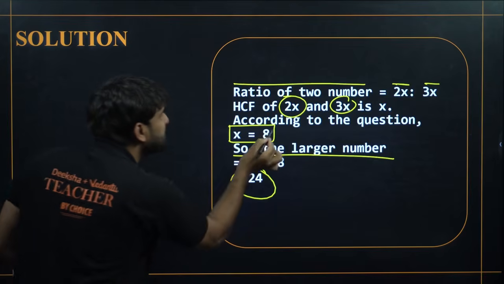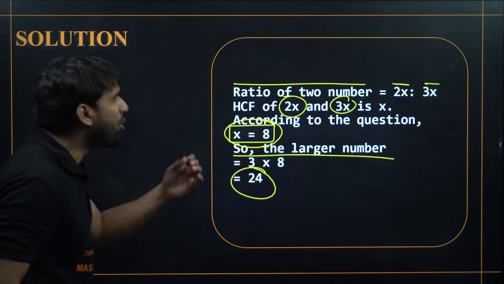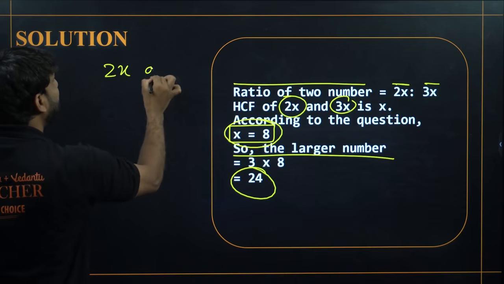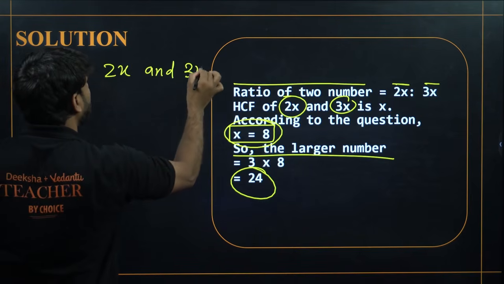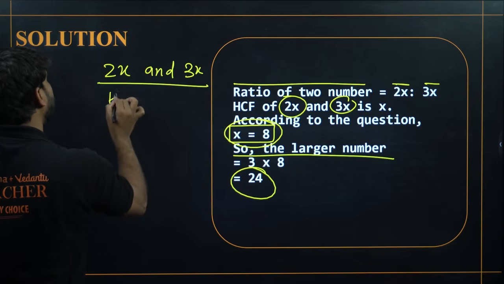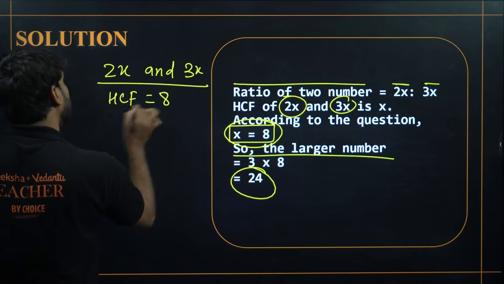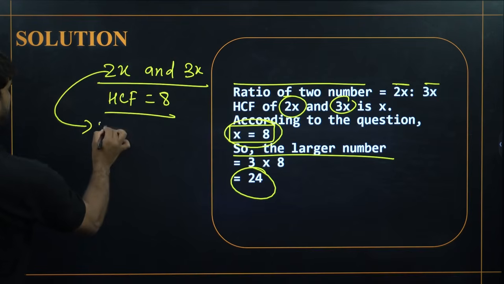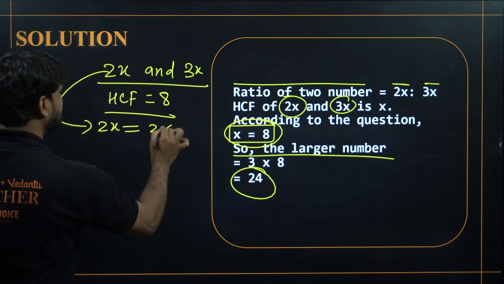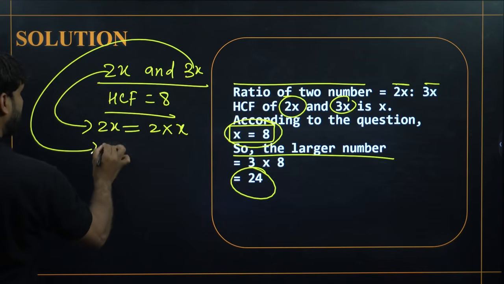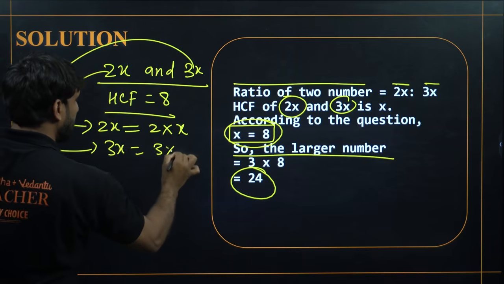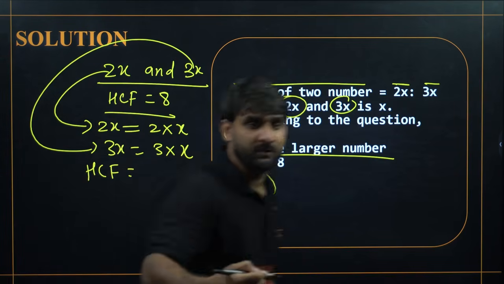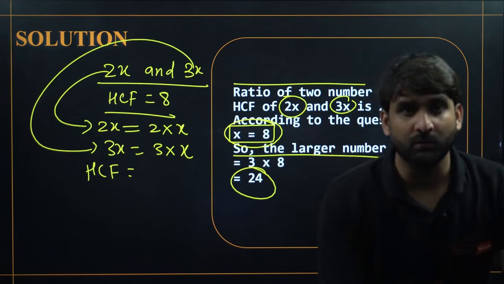You might be thinking, sir, how did it come? Oh, my dear, if your numbers are 2x and 3x and HCF is 8, look, 2x can be written as 2 into x and 3x can be written as 3 into x. HCF means the common value.